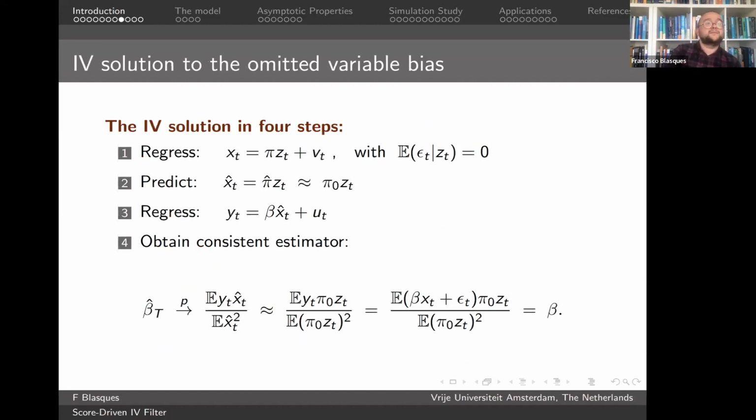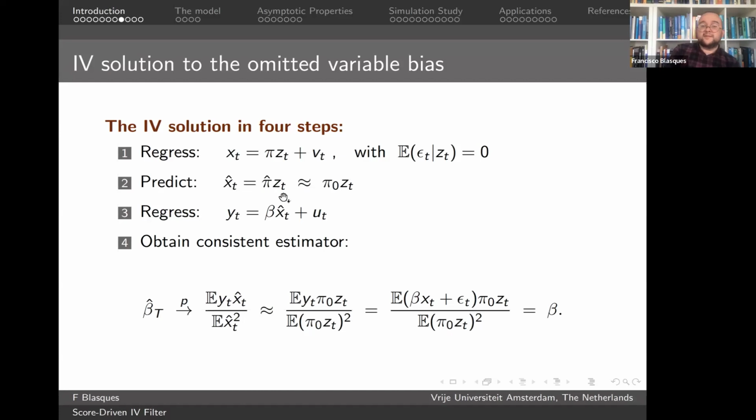Of course, one can address this using IV. And the steps, just as a recap, right, are the usual ones. I find an instrument Z that is helpful in explaining X, but crucially, that is uncorrelated with the error term, right?